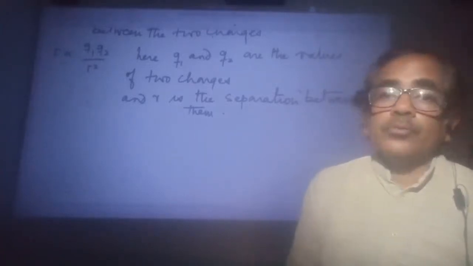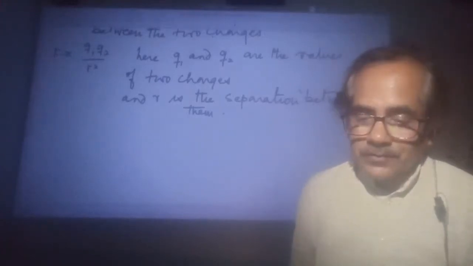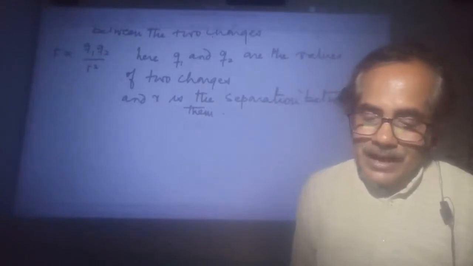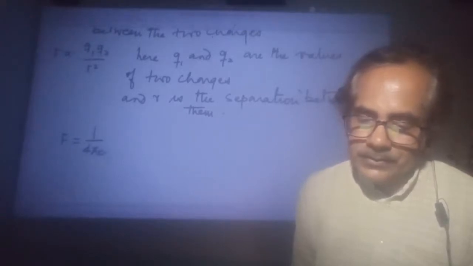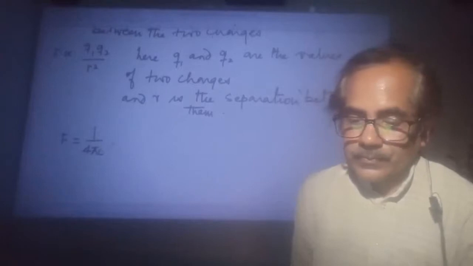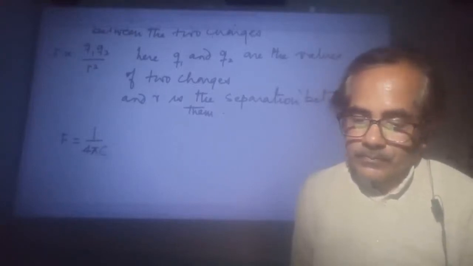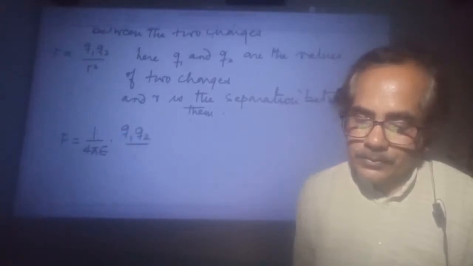In order to evaluate this, a constant of variation is considered, and then F is considered equal to 1 upon 4 pi epsilon 0 into Q1 Q2 upon R square.